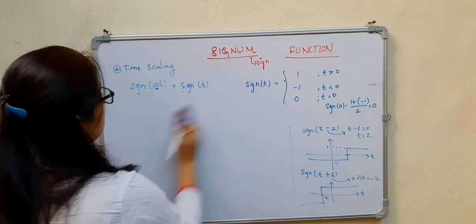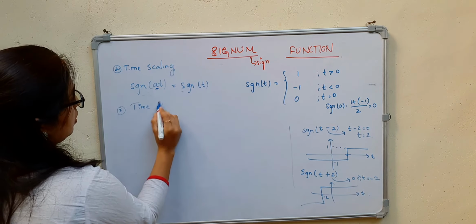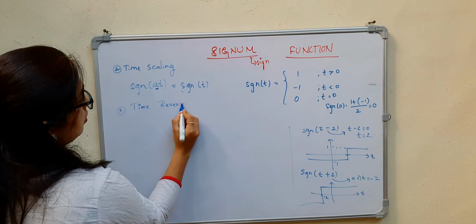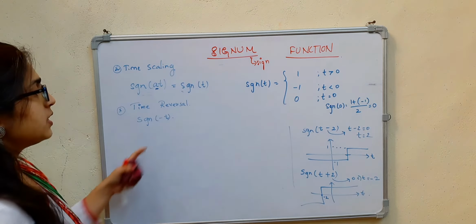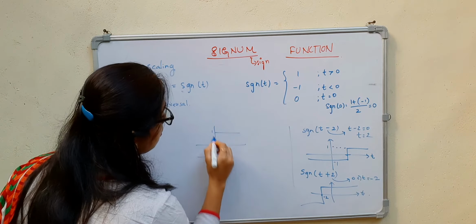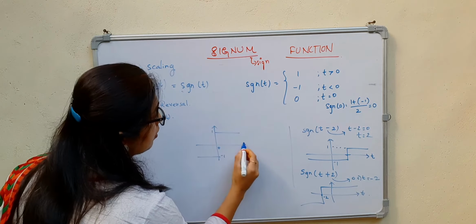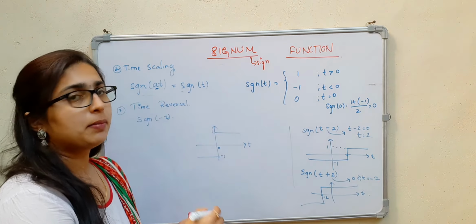Let me consider the time reversal now. Time reversal, that is signum of minus t. Signum of minus t means, see here, this is your signum function. That means all the t will be multiplied by minus 1.